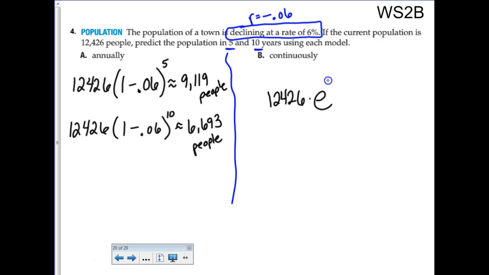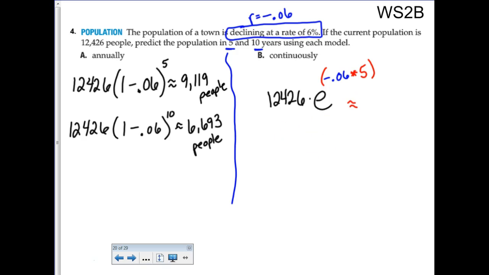So how do you write that up here? Because I can't just say 0.06, that's going to grow. What if we did negative 0.06? There we go. And then you're supposed to multiply it by how many years you're going to let go by. So this first time it's times 5 years. And again, you might need to put parentheses here if you're on an older calculator.